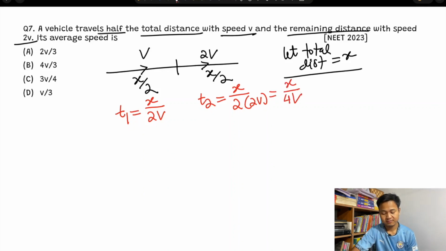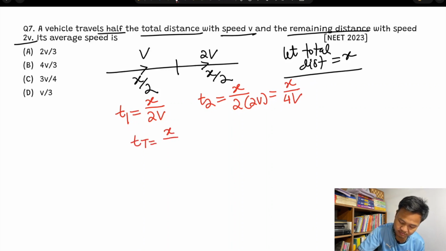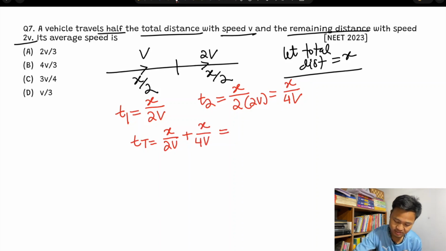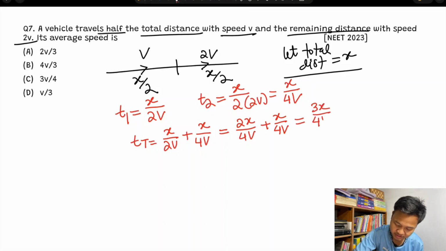So the total time is x by 2v plus x by 4v. Taking the LCM, I can write x by 4v plus x by 4v plus x by 4v, which is 3 into x by 4v. So the total time is 3x by 4v.